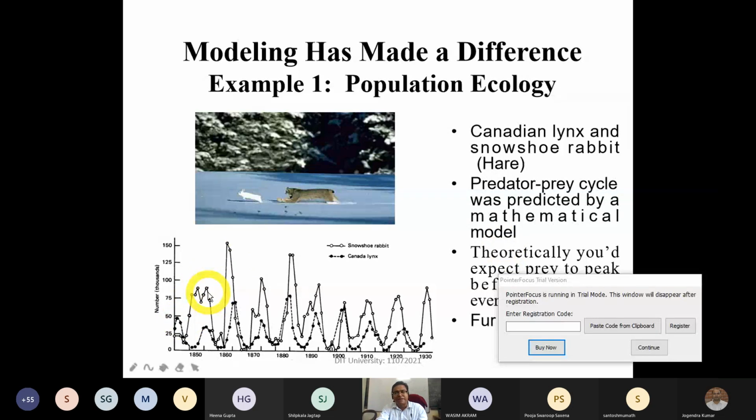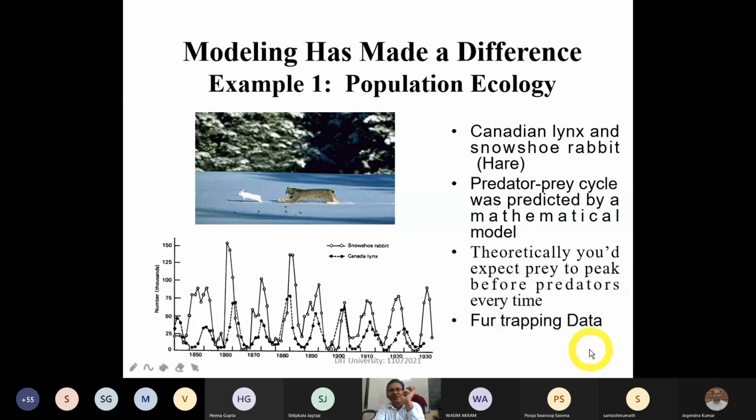Look at the peaks of prey, each one, right? Then you will see that the predator peak follows after the appearance of the prey, right? And this is what we call the concept of the prey-predator model.